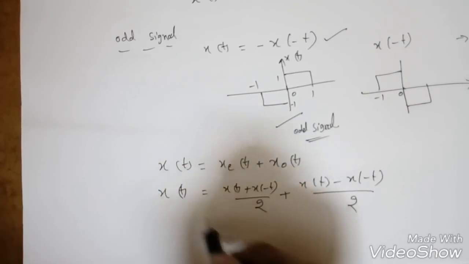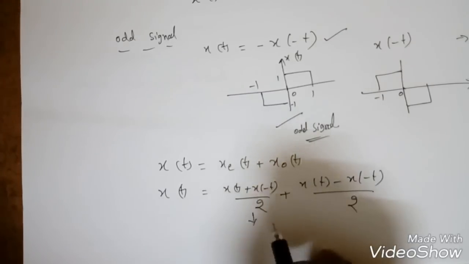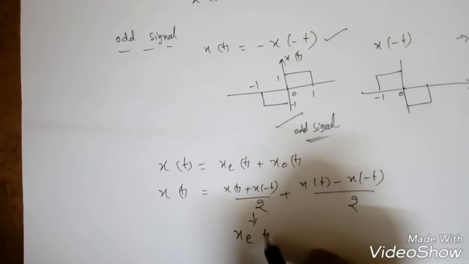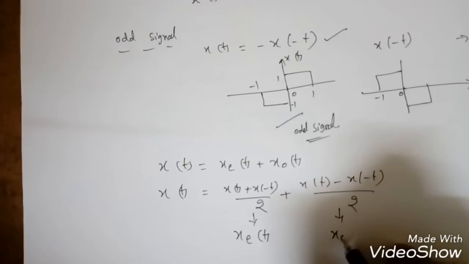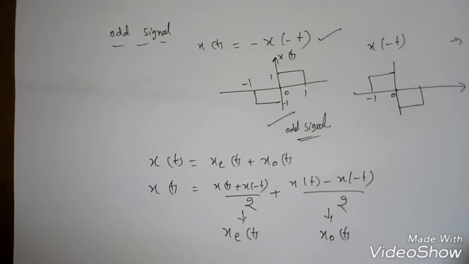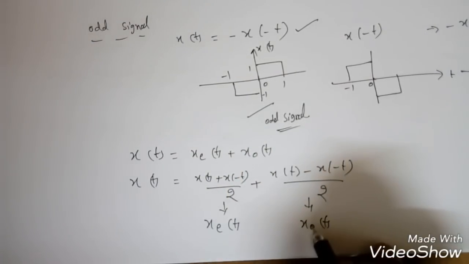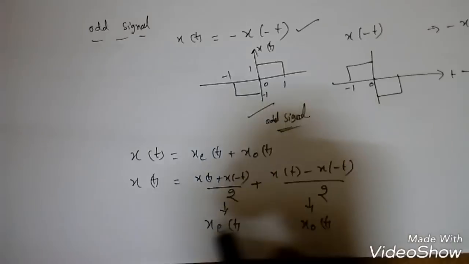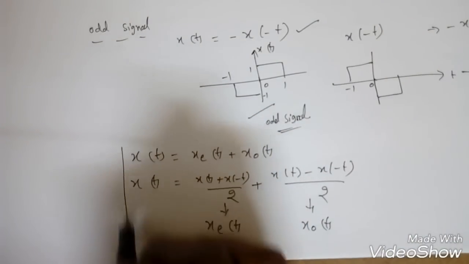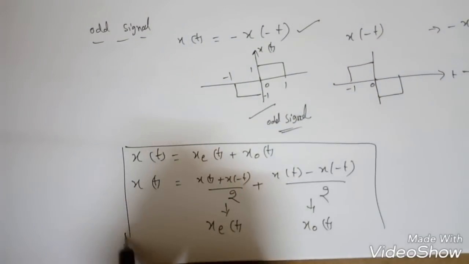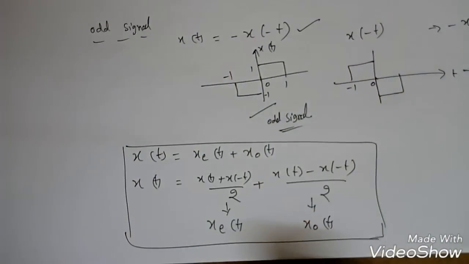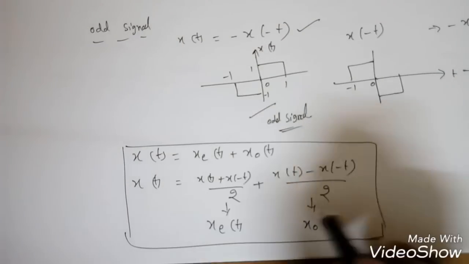This is the even signal x e of t, and this is the odd signal x o of t. So in the questions they will ask to find the even signal, find the odd signal, etc. Right? The problems we will do later. First we will discuss the concepts. So this is about even and odd signals.